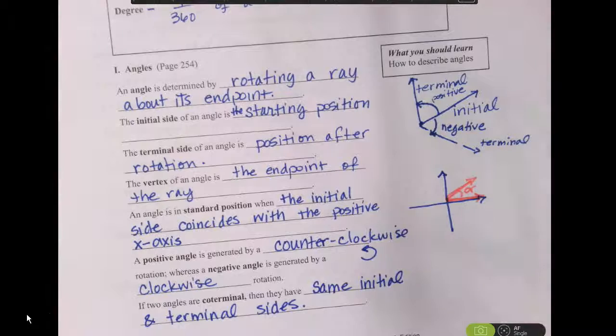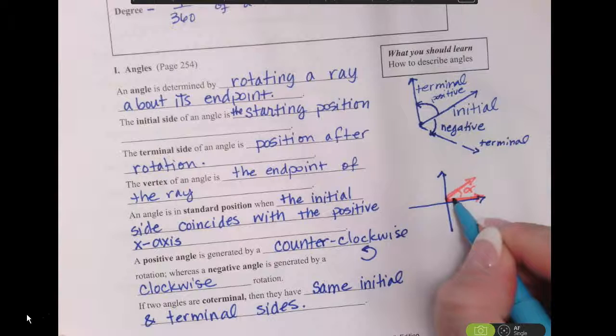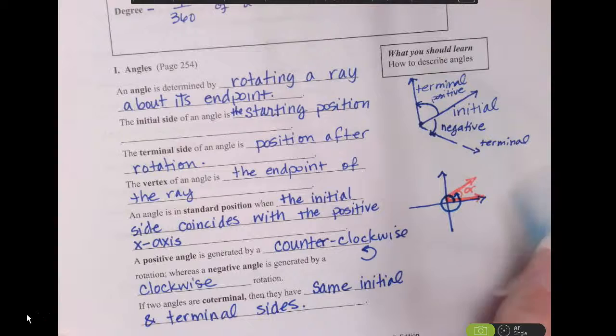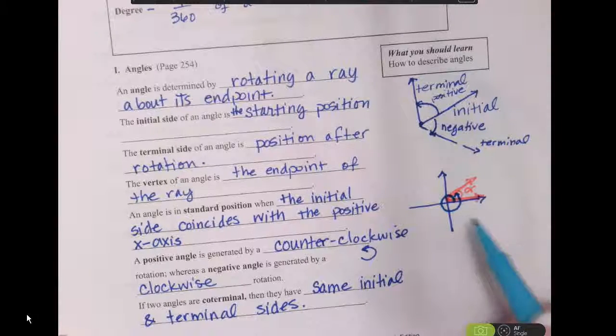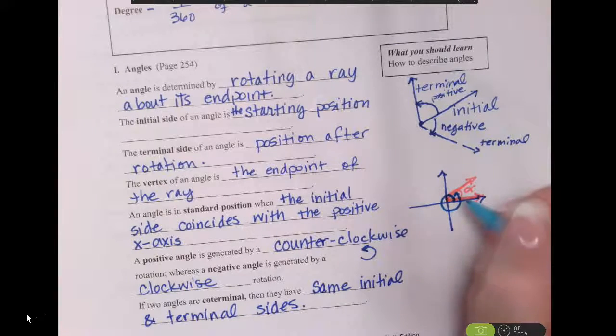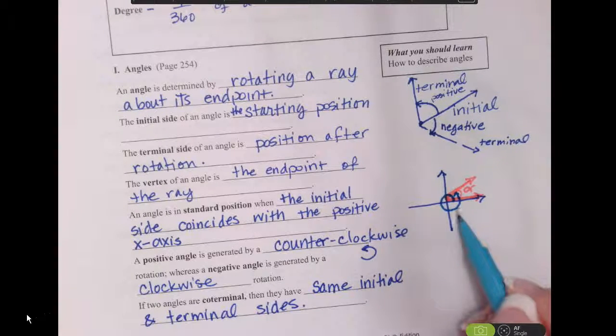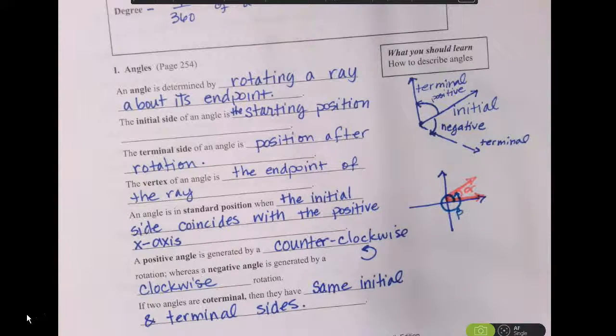In trigonometry we might make more than one rotation. If you've been watching the Olympics, you have seen those snowboarders make multiple rotations, 360s, 720s, and I think they're up in the thousands of degrees once they rotate a 1080. That's rotating 3 times. If I go all the way around my circle and end up in the exact same place, I would call that angle beta. Those are 2 coterminal angles.